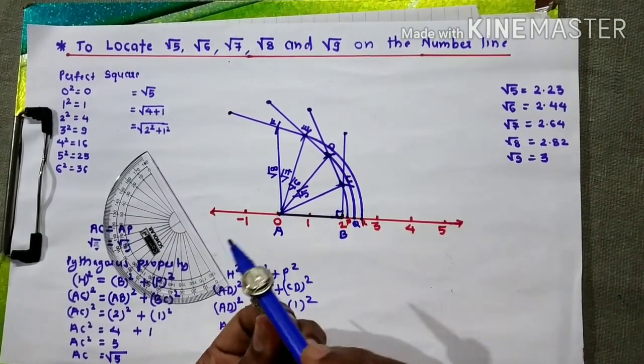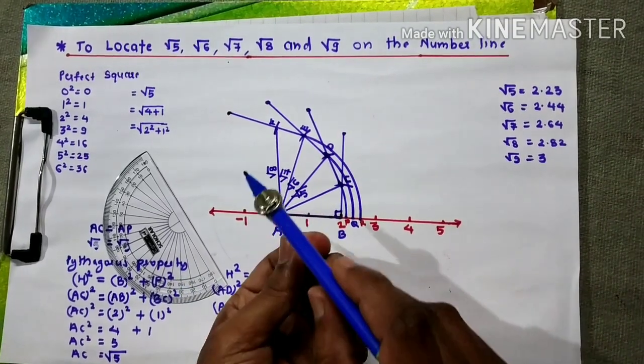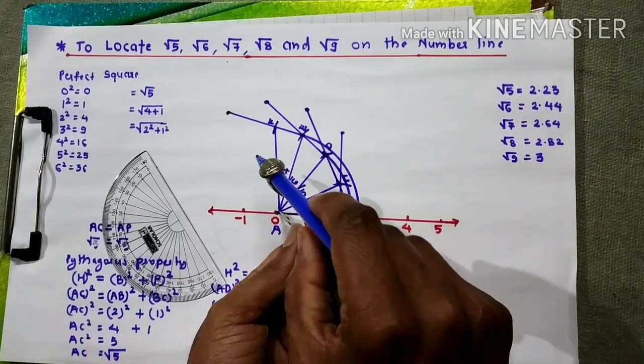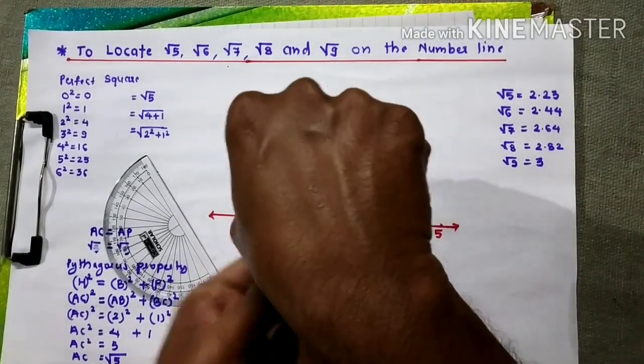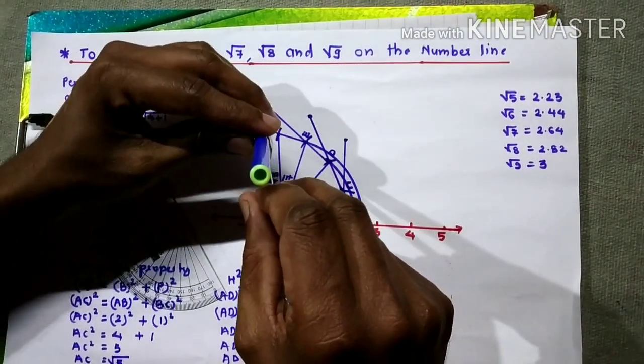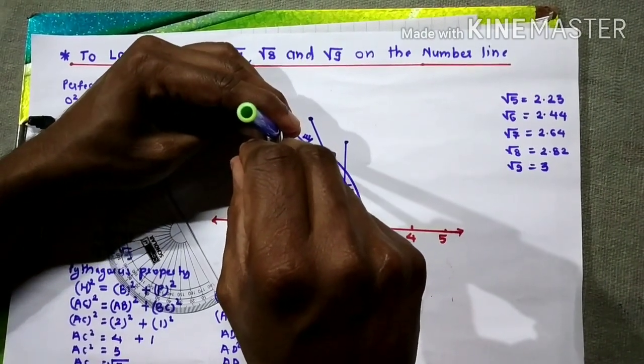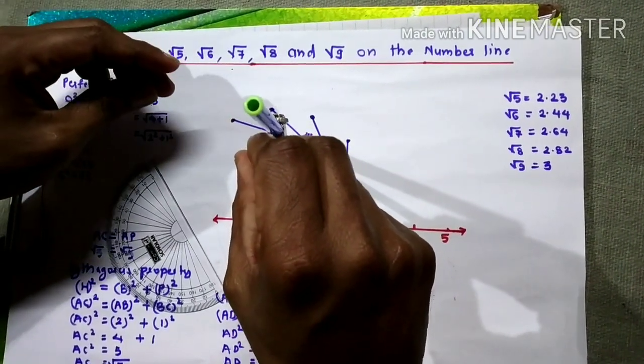So next we have to locate this root 8 on the number line. Therefore we have to choose the distance of this AF.